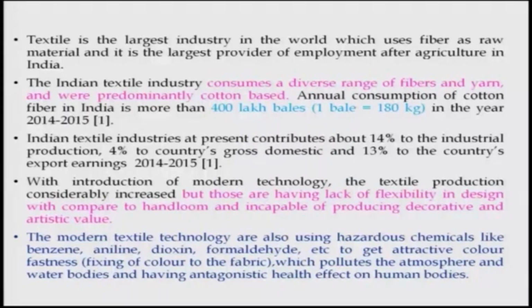The modern textile industry also uses hazardous chemicals like benzene, aniline, dioxide, formaldehyde and others to attract customers with good colors, which not only endangers the health of the people who wear them, but also pollutes the atmosphere and water, and it is really not good to continue.